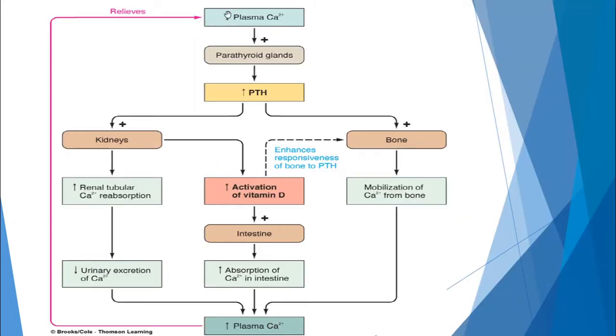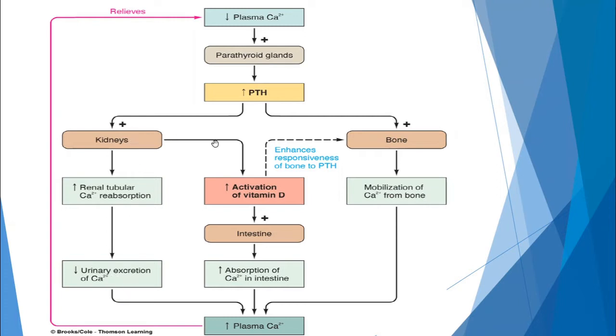Consider the case where there is a decrease in plasma calcium concentration, which activates the parathyroid glands, thereby increasing the production of parathyroid hormone, which in turn affects two different organs, the kidneys and the bone, activating them. The kidney causes increased renal tubular calcium reabsorption so that there is decreased urinary excretion of calcium.